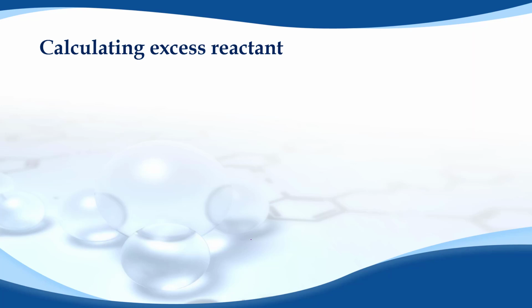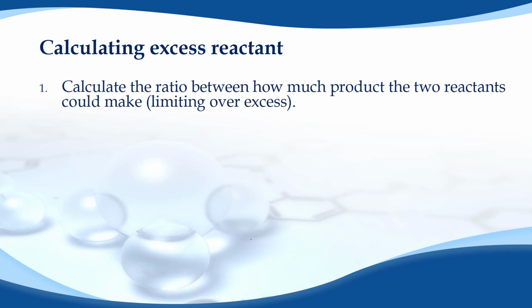Right, so what I'm going to do is start out by making a ratio between how much of the product each of the two reactants could make. My limiting reactant will be on top, my excess will be on bottom. I'm going to take that decimal because that tells me what percentage of my excess reactant I used.